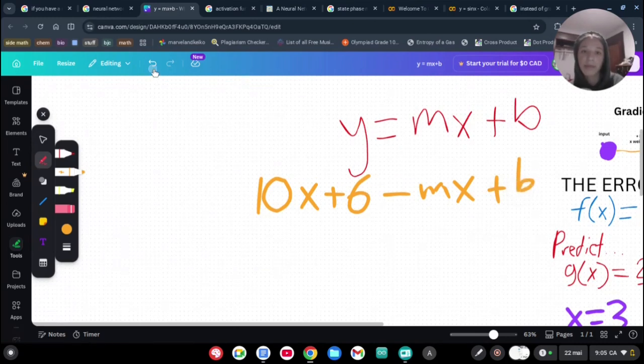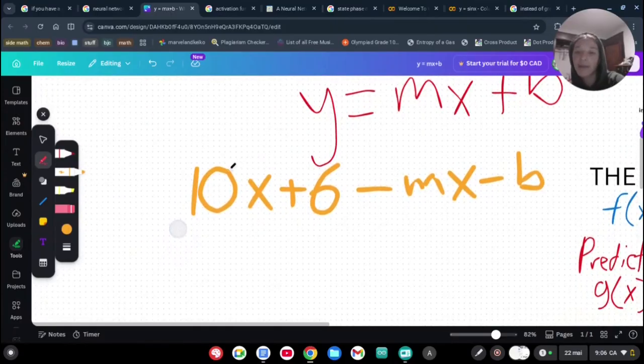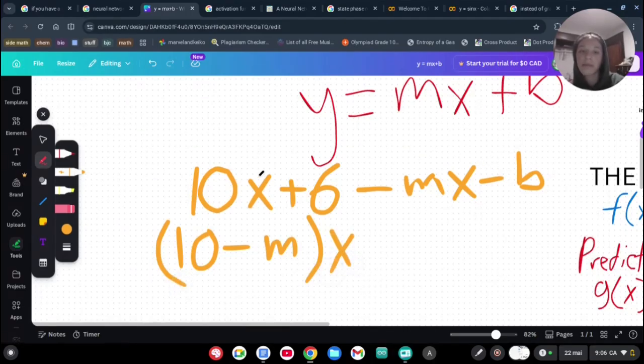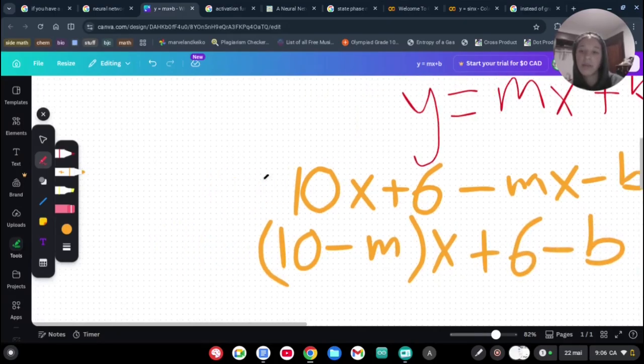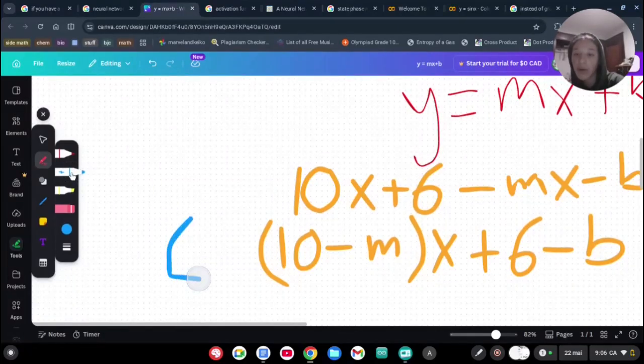Okay, let me correctly assign my negatives. Alright. So we can have (10 minus m)x plus (6 minus b). So I guess we can just say error is equal to this.